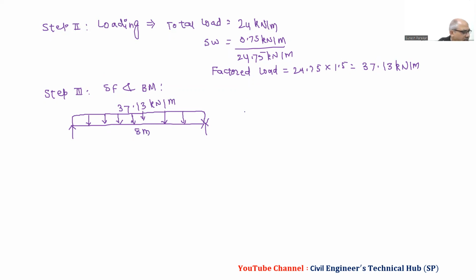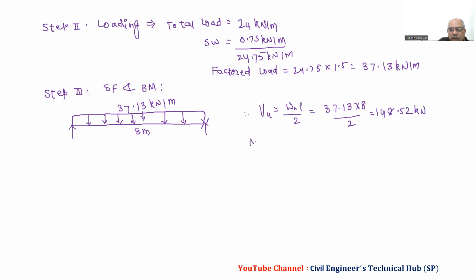And therefore we will get VU equal to WL by 2, so 37.13 into 8 by 2, and we will get it as 148.52 kilonewton.